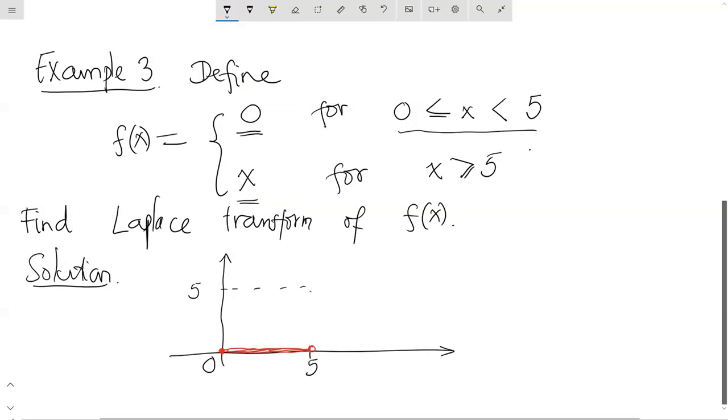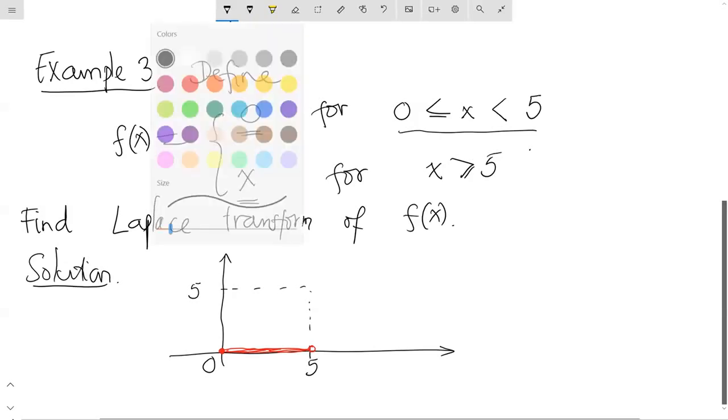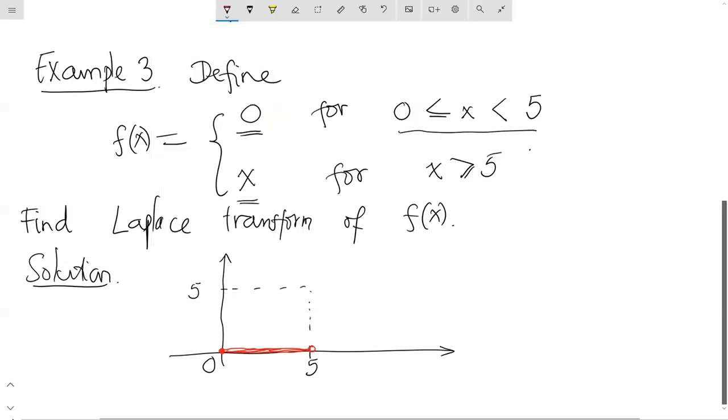So there is a jump to a new piece right here, a solid circle. And say when x equals 6, the function would be 6 as well. So we have a straight line. And let's keep going. So this is a piecewise defined function with two pieces for the graph.